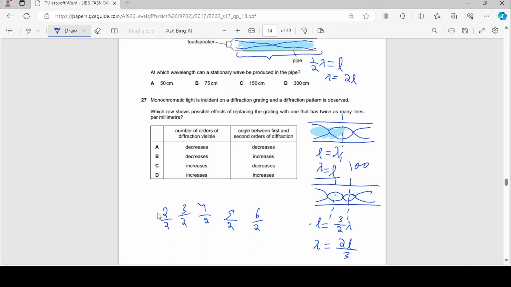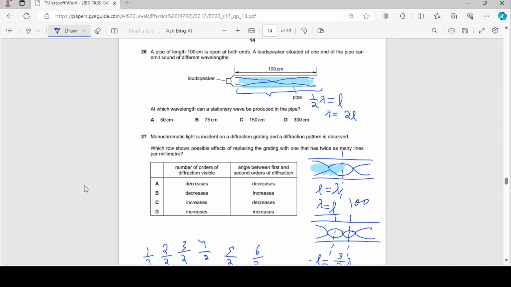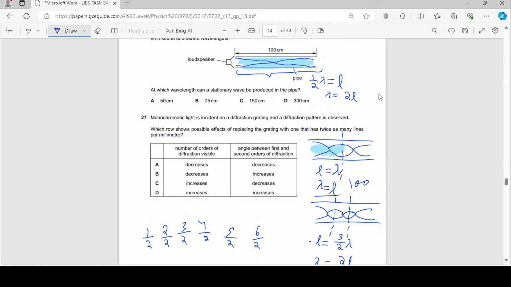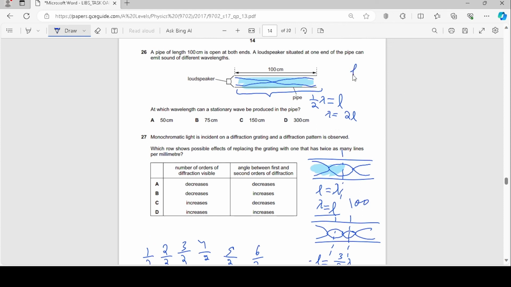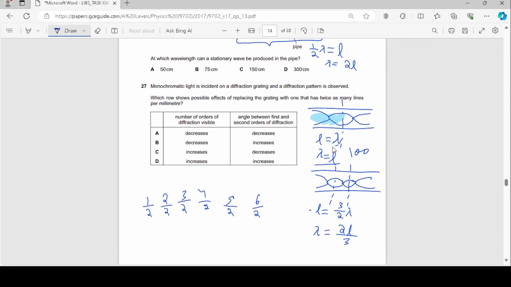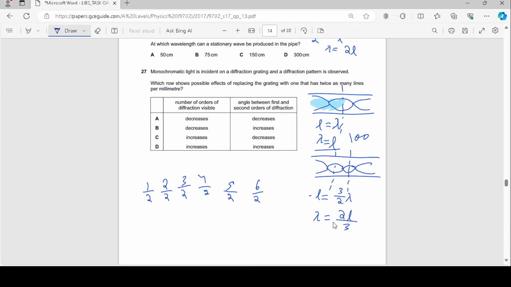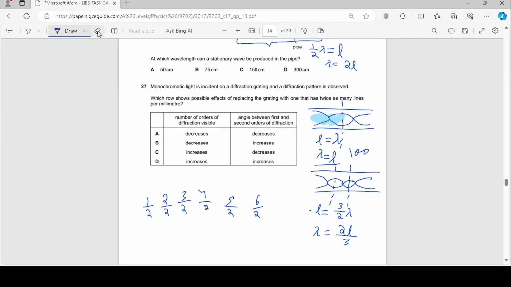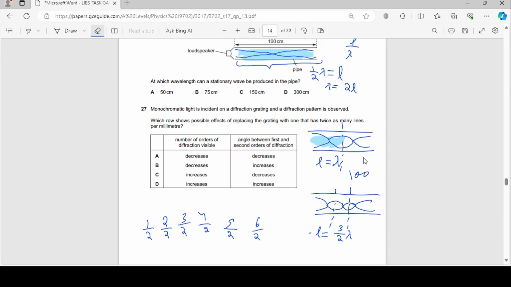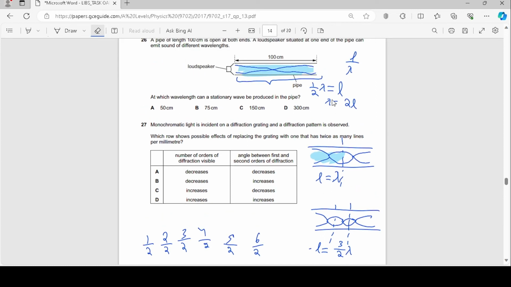So I could just take the ratio of L over lambda and see whether it is a multiple of half. That seems like a better strategy than what I had originally done. And I really should revise my physics, is what I've learned today.